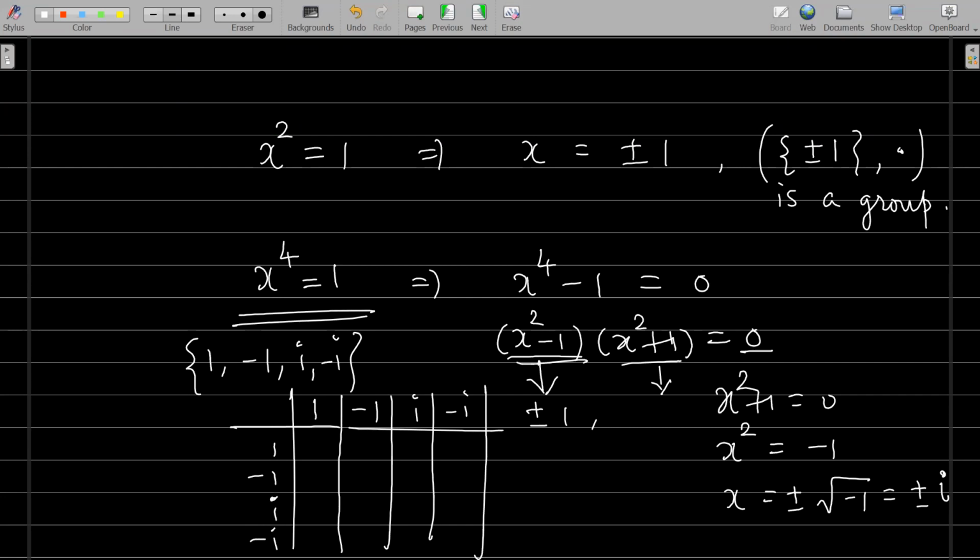Can you do that? If anyone has a problem with complex multiplication, you can ask me your doubts. This is something too basic, like i into i is minus 1. So I hope even if you know very basic things about complex numbers, you can do this.